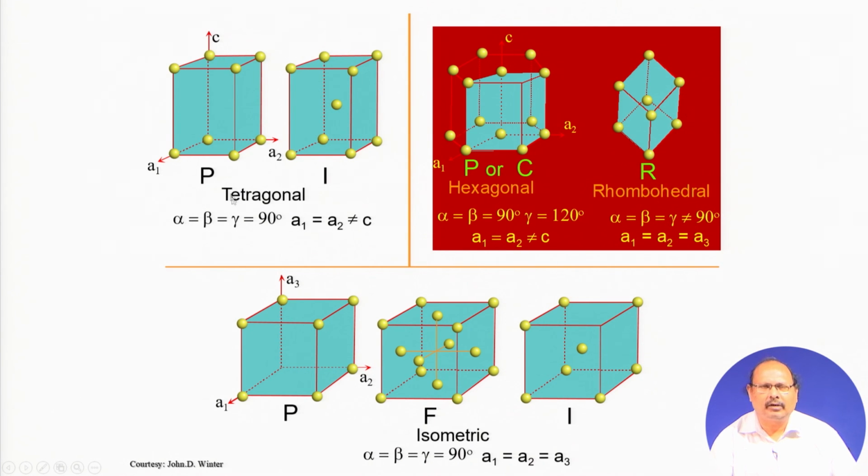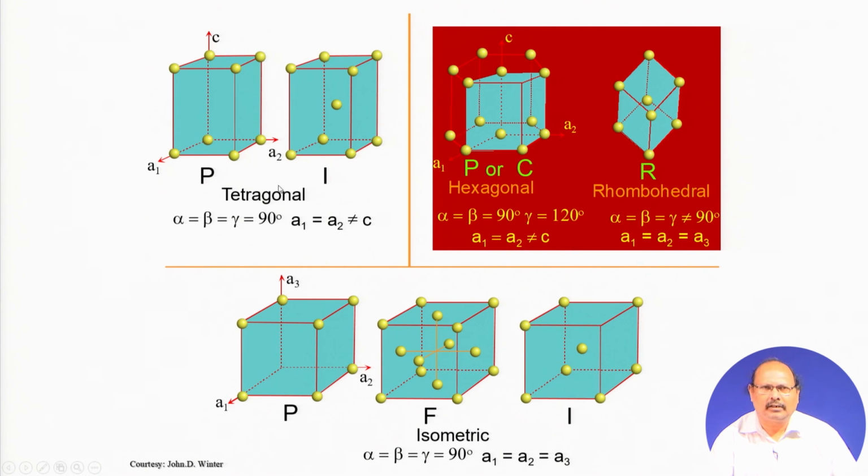The basic requirement here is that along the horizontal plane, vector A1 and vector A2 are equal in their unit cell lengths, and their angle is 90 degrees, and along the vertical direction, that is the C crystallographic axis, this is also oriented at 90 degrees to A1 and A2, but its unit cell length is not equal to A1 and A2 here.